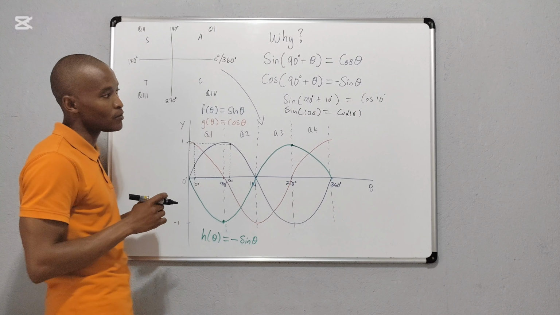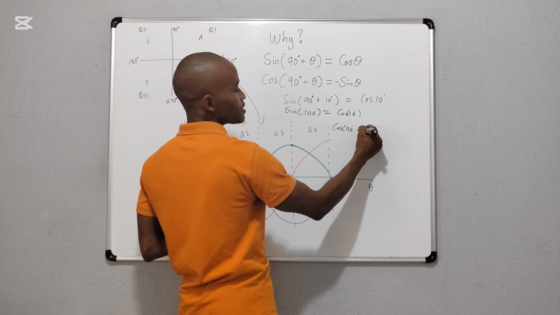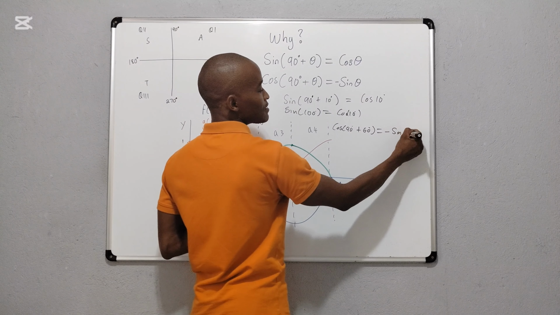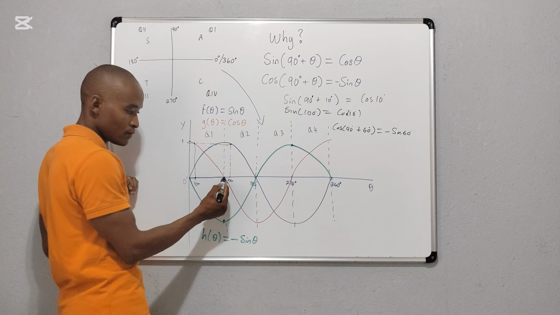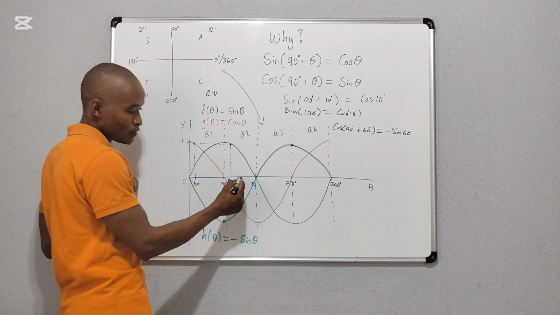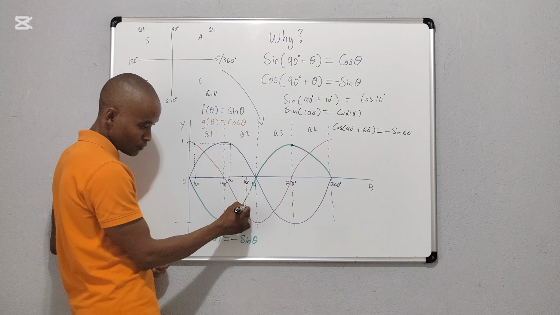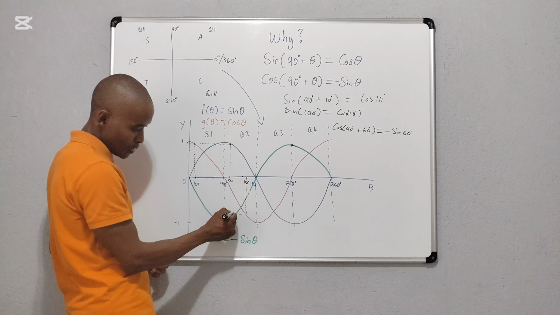The second reduction formula, let's use cos. So cos of 90 degrees plus 60. Why do we say this is a negative sine 60 degrees? Because now if I'm at 90 on the cos graph and I add 60, I get to 150, somewhere there. We read off a point here, okay, just the accuracy.